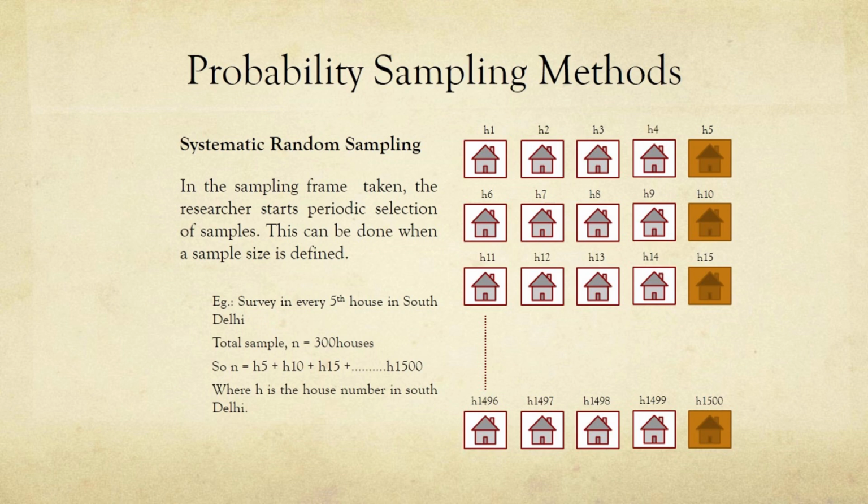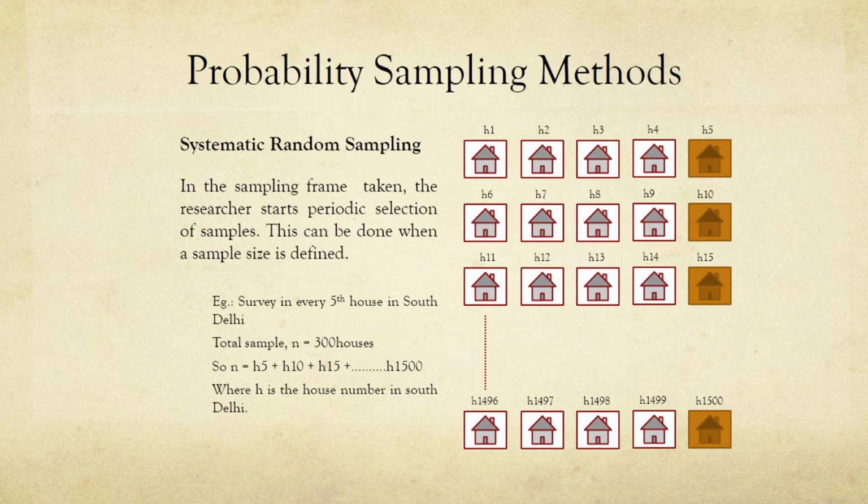My sample size is 300. We have taken the periodic interval of 5. My first number in the sample will be 5, then it will be 10, 15 and so on till I reach my sample size of 300 houses. So my last house number will be 1500, which is 300 into 5.